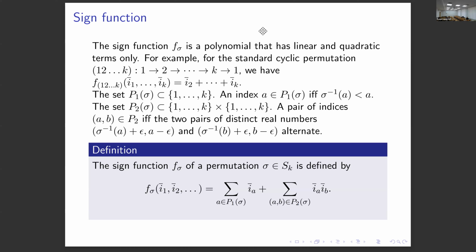Maybe I can draw to show this sign function by a permutation diagram.